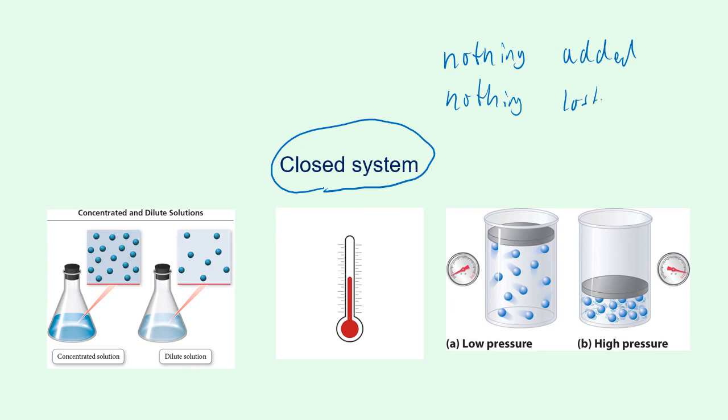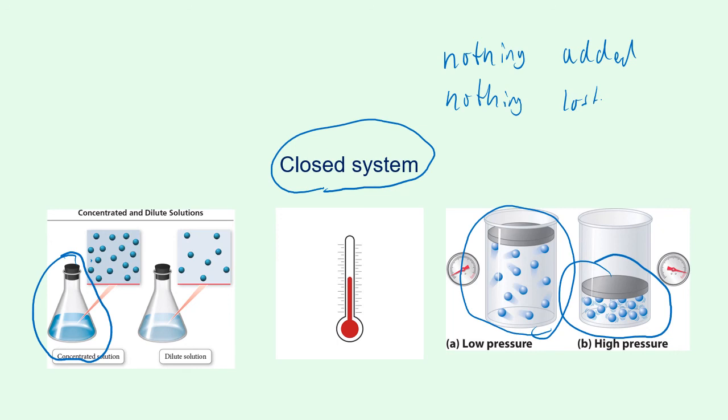So over here, you've got a reaction happening inside a conical flask with a bung in the top. It's closed. Nothing else can be added to that. Here, for example, putting these under pressure, it's inside a container where nothing can escape from it. But a closed system just means that the reaction is happening inside a container, a reaction vessel, something that things aren't added or lost from.